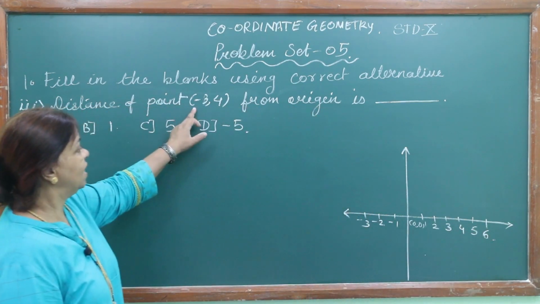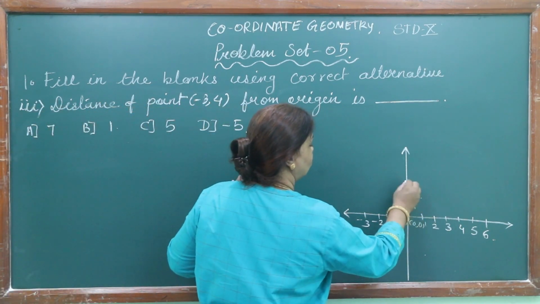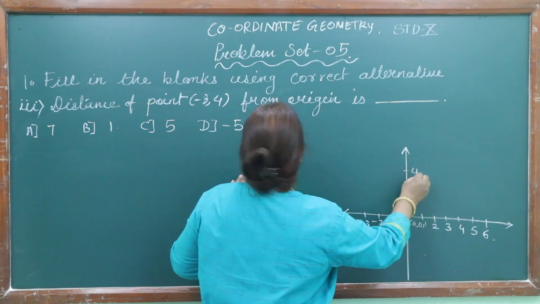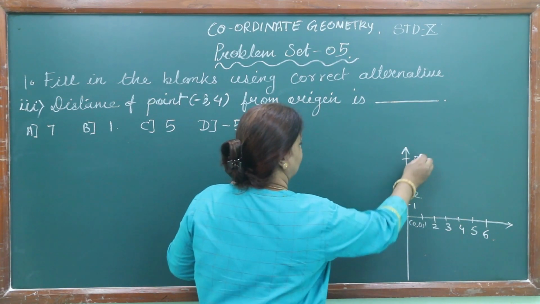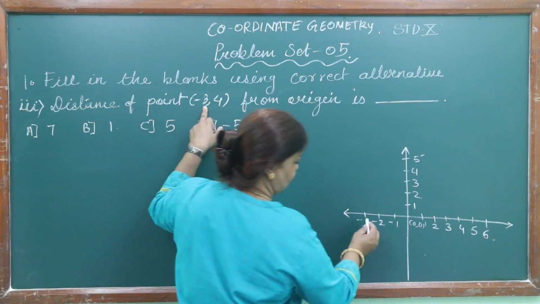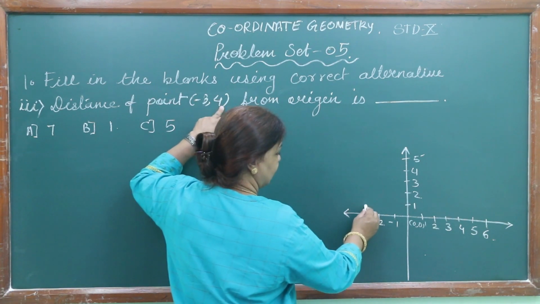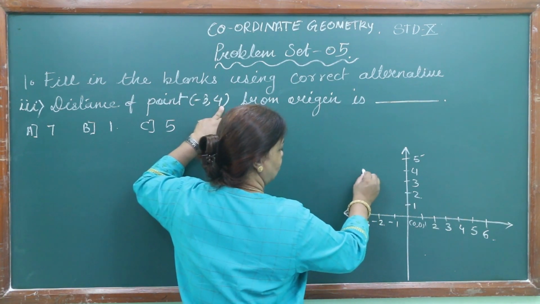So for (-3, 4), here is 1, 2, 3 and 4 and 5. Let us plot this point, children. -3 on the x-axis and 4 steps on the y-axis. This means the point is here.